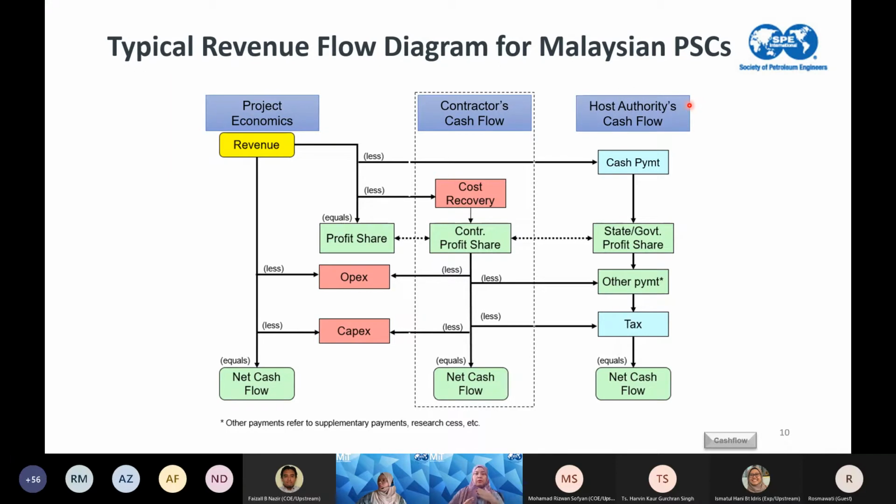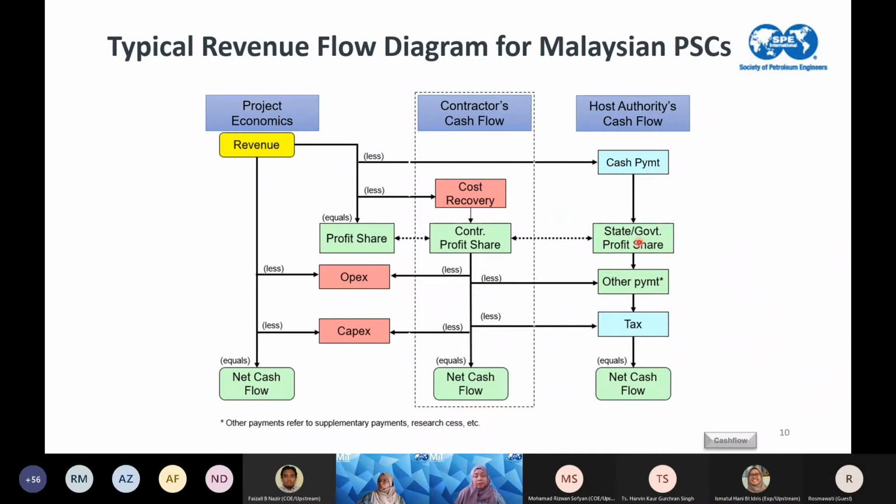Everything that comes into the host authority comes in as cash in. There's typically no cash out, at least visible to the outside anyway. So you have, for example, the cash payment. In Malaysia, royalties are called cash payments because that's how the term is coined in the PSCs. So royalty is a cash inflow for the host authority.